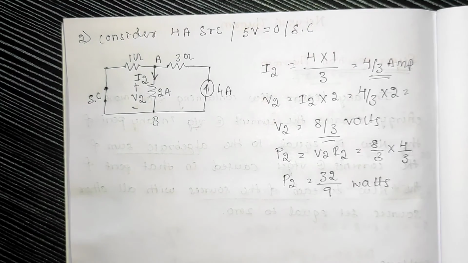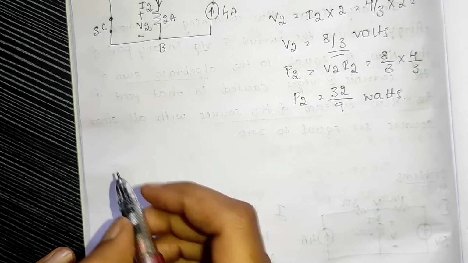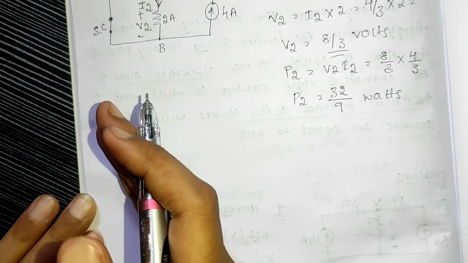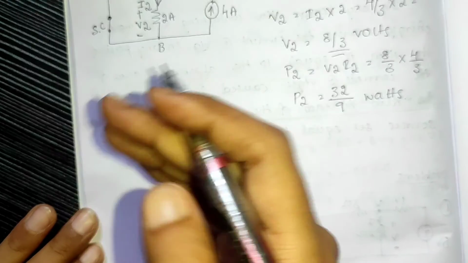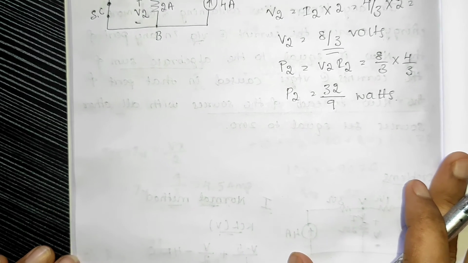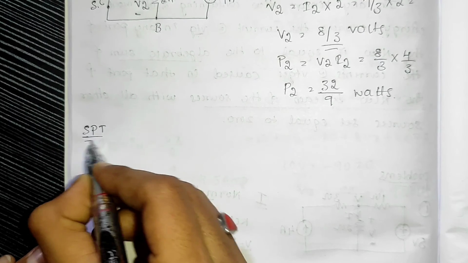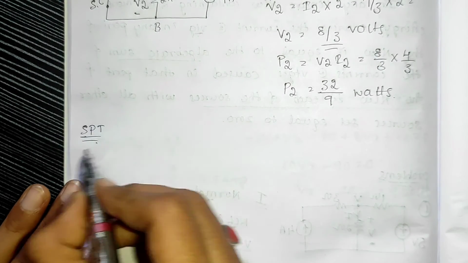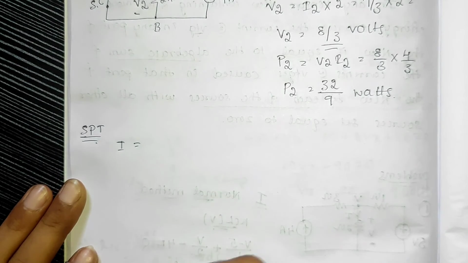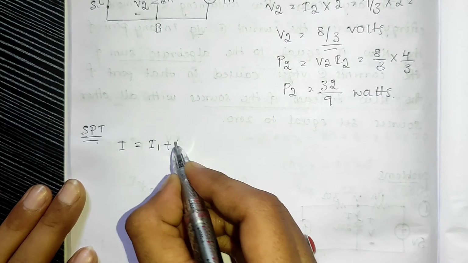Okay, so now apply the superposition theorem here. Both currents I1 and I2 flow from A to B, right? So the total current in 2 ohm, that is I, equals the algebraic sum of the two currents, I1 plus I2.